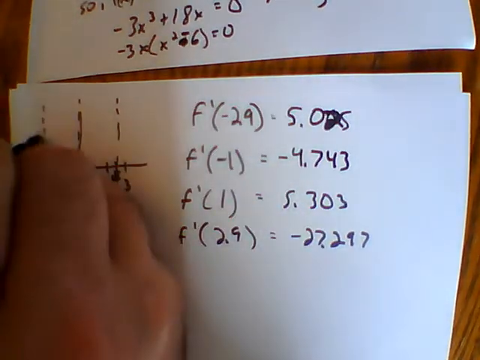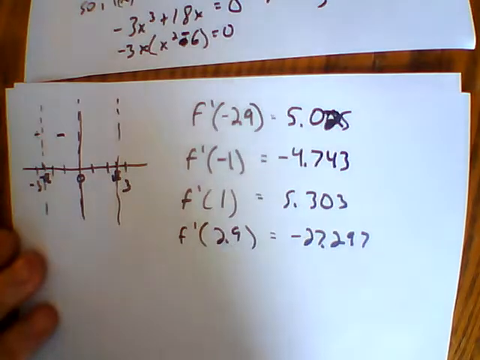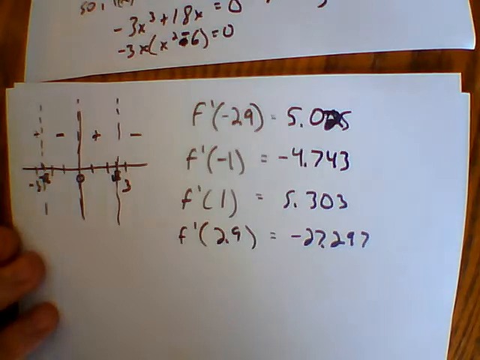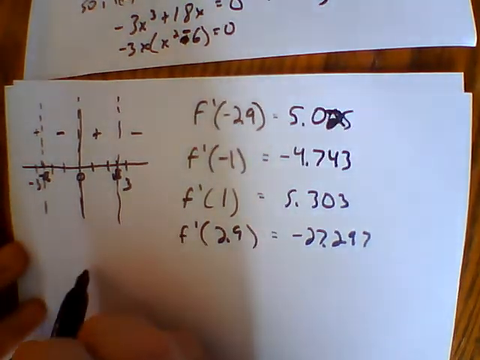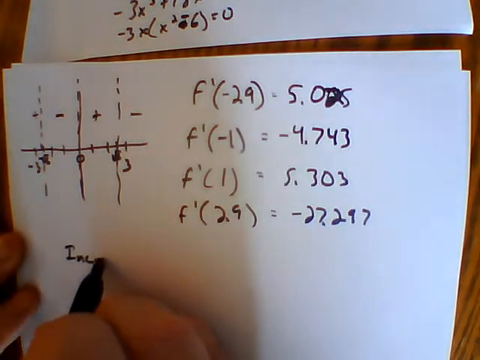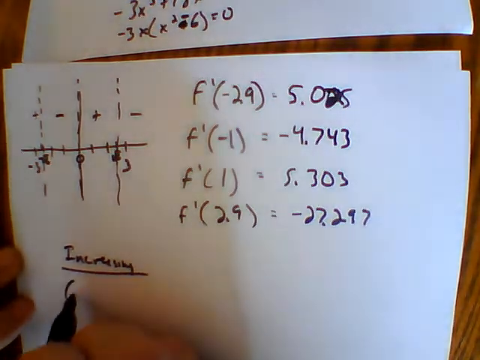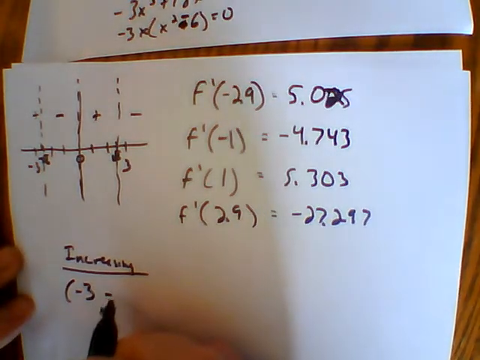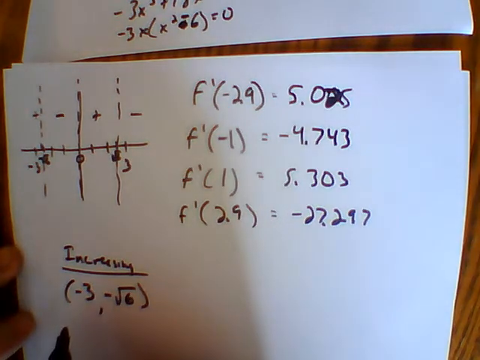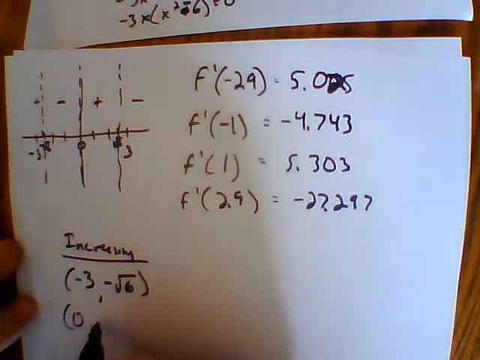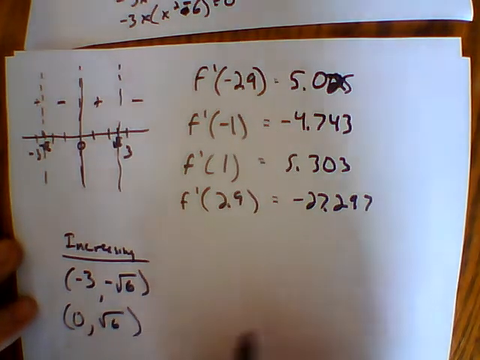Okay, so now that we start looking at this, we see that on these intervals, this first interval right over here, we're positive, then we're negative, then we switch to positive, then we switch to negative. So on these intervals, our increasing intervals are on our values from negative 3 to negative root 6, and then we also have 0 to positive root 6.